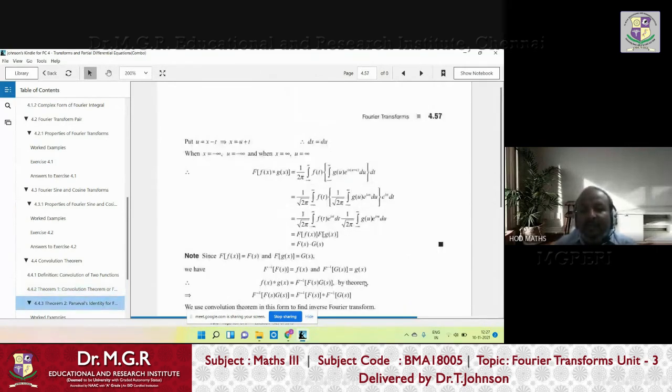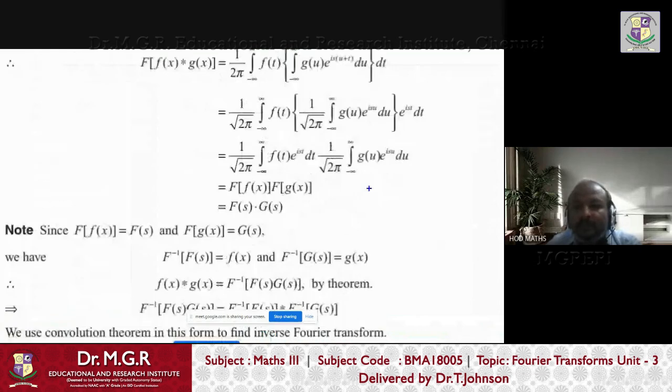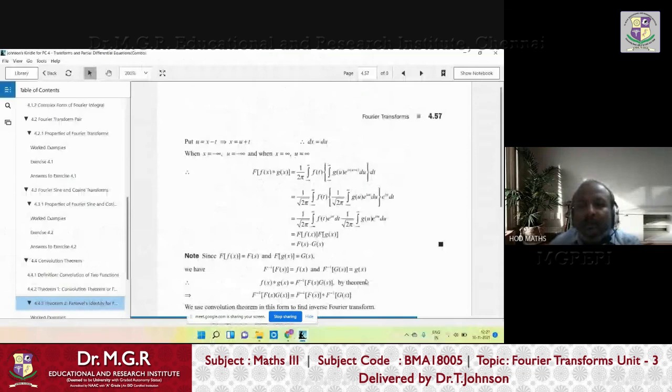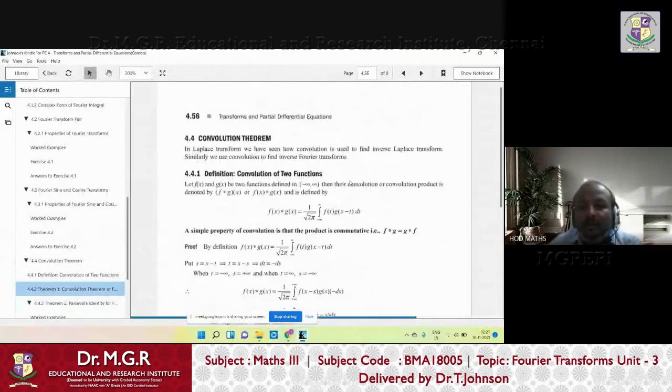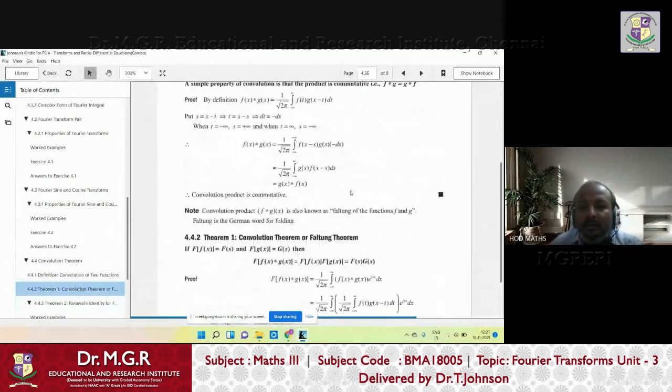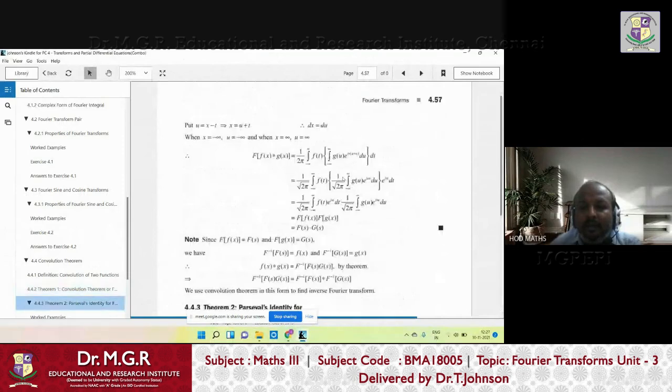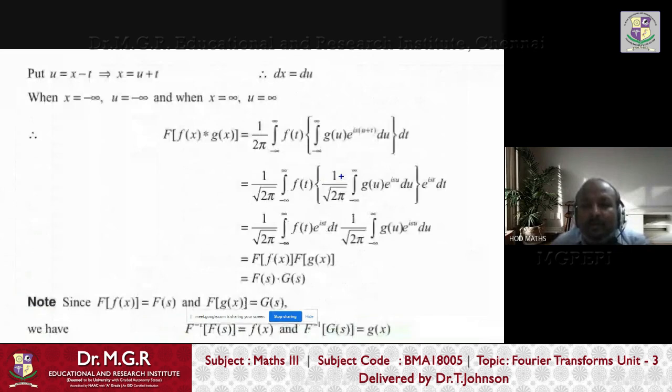What happened to the inside, right? So in place of x minus t, you substitute u here, and in place of x, you substitute u plus t.